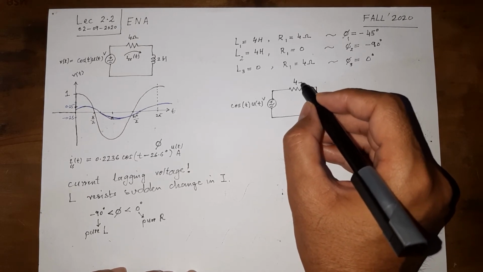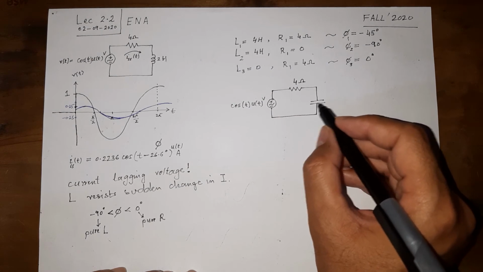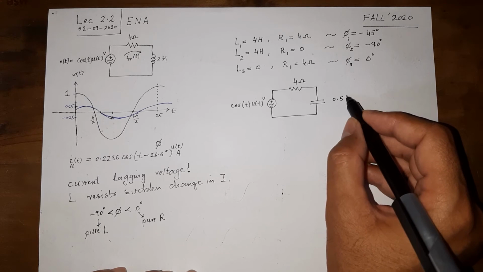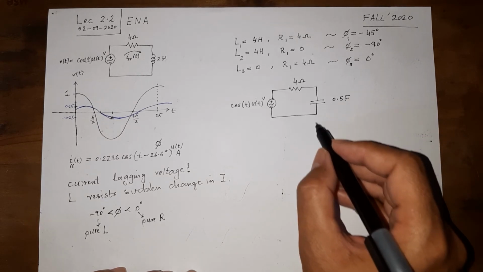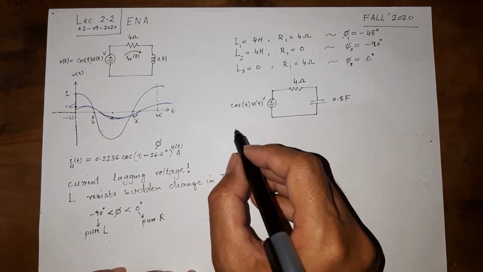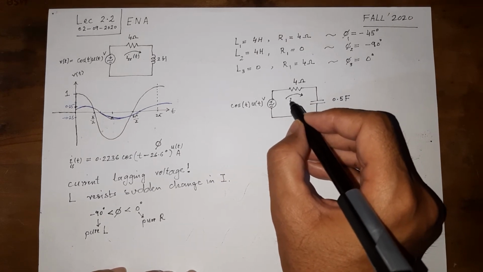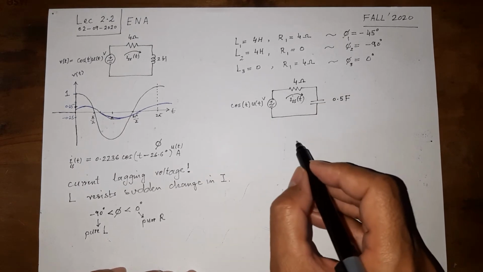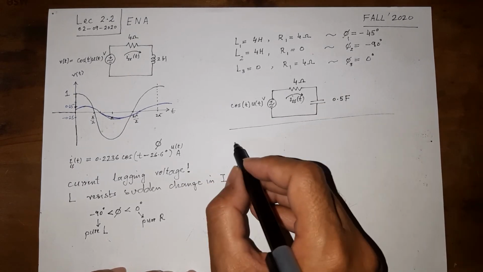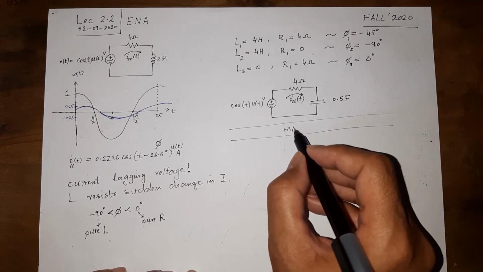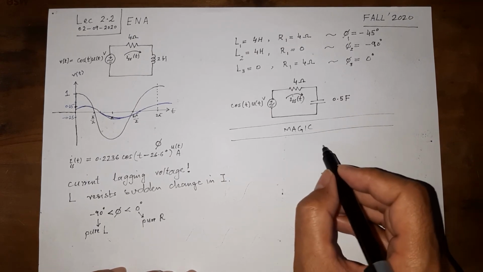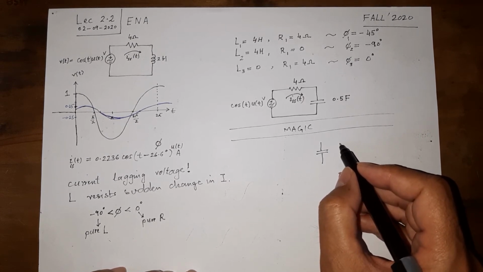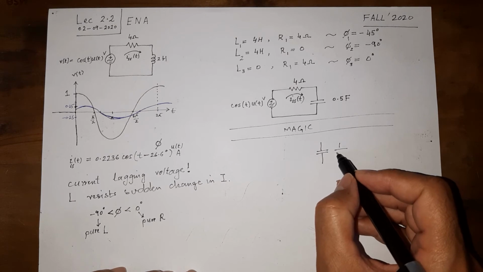So take a 4 ohm resistance and a capacitor now, say of value 0.5 farad. Now solve this and try to find the same steady state current through these components, and remember just one point, that when the magic happens, the capacitor is going to become equal to 1 over whatever the value there is with an iota.